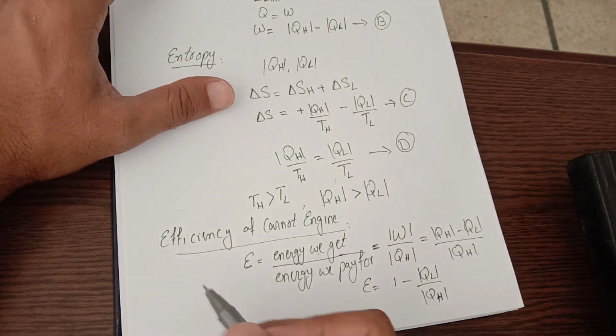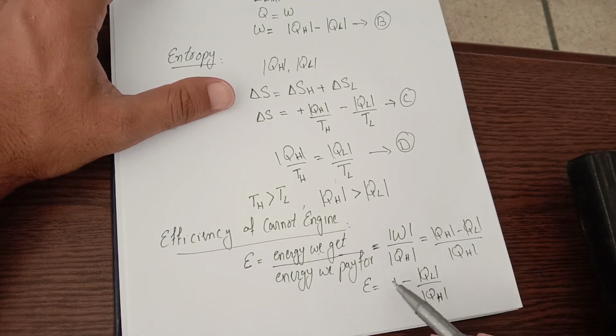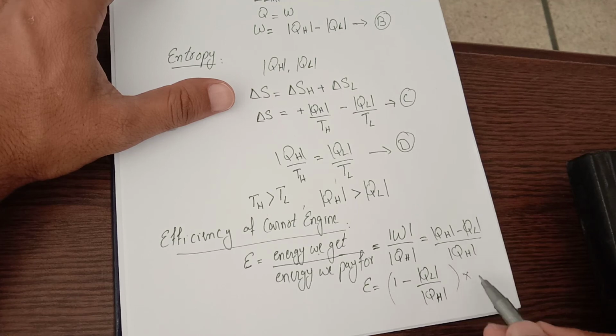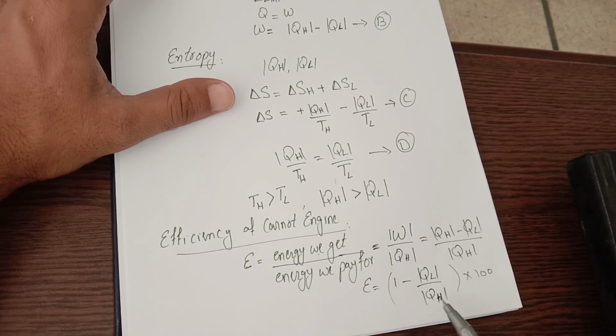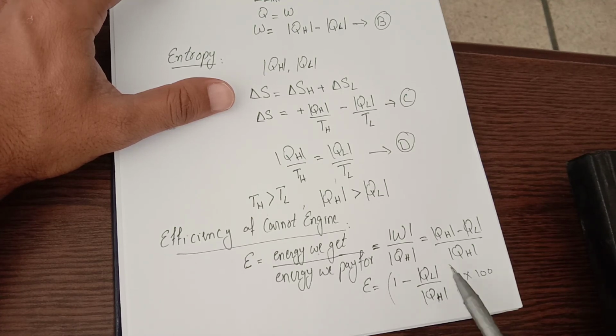Now if we calculate this efficiency in percentage, then we have to multiply it with 100. And if this QL is 0, it means the engine is 100% efficient. And what is meant by this QL equal to 0? This means that no amount of heat energy is transferred from the working substance to the low temperature reservoir.